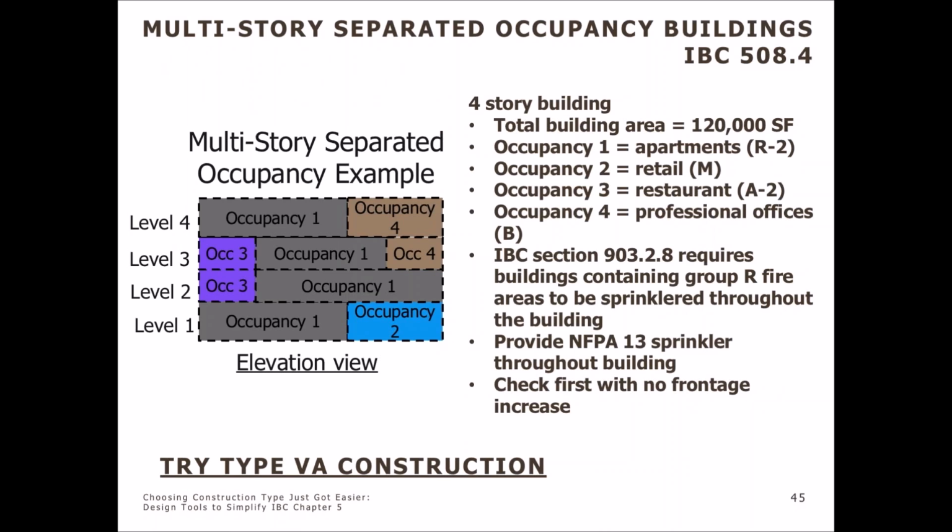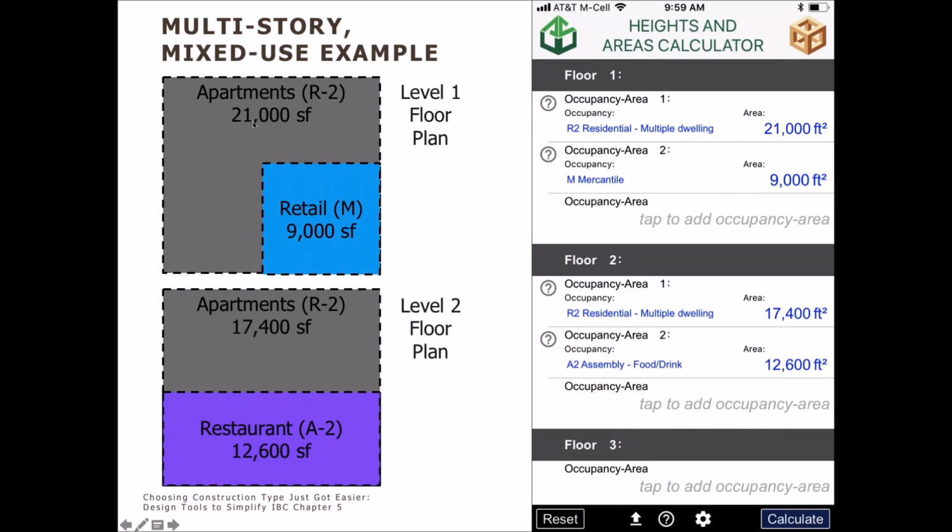Oh, I may have misspoken. It was 30,000 square feet per floor. You can see if you add up the square footages for each, they all add up to 30,000. So I apologize if I misspoke there, but it is 30,000 per floor and 120,000 total. Yep. Good, I'm glad we clarified that.